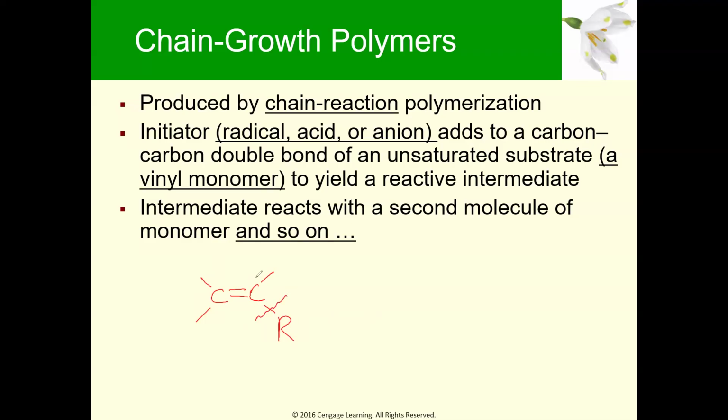So if we consider that part of the alkene as a substituent, that's the vinyl substituent or a vinyl group. So that's what we mean by a vinyl monomer. All right, so again, it's a chain reaction. Once you create the intermediate, it just reacts with another monomer, and then that reacts with another monomer, and so on. That's the typical characterization of a chain growth polymer reaction.